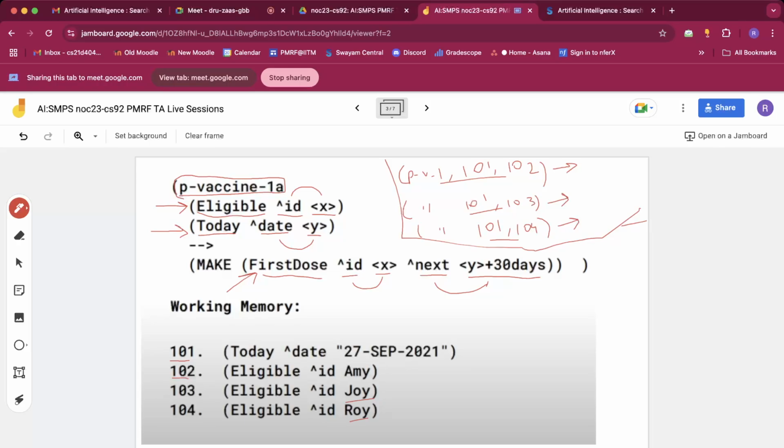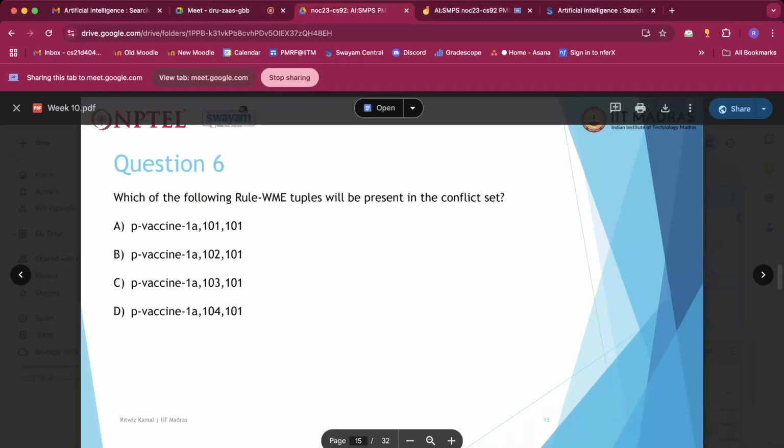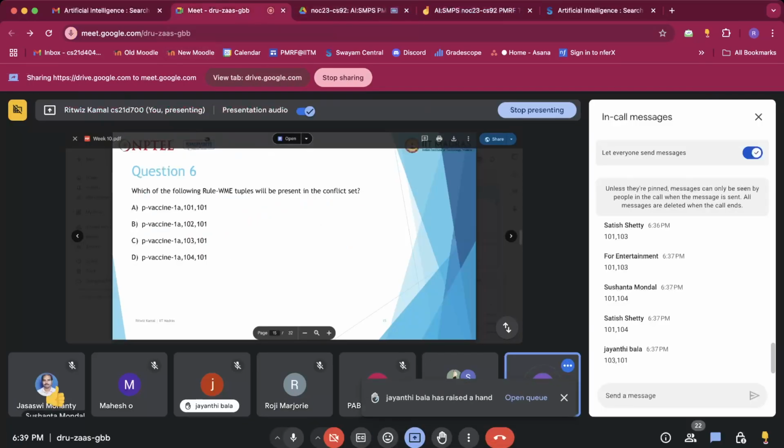You can actually apply different strategies, such as recency over here, to see which of these would be fired next, but I will leave that for the next problem at hand, because there it will be easier to explain and also for you to understand. So basically what I wanted to motivate is an example of what a conflict set would look like. I hope that is clear, and now let's move to the questions we had.